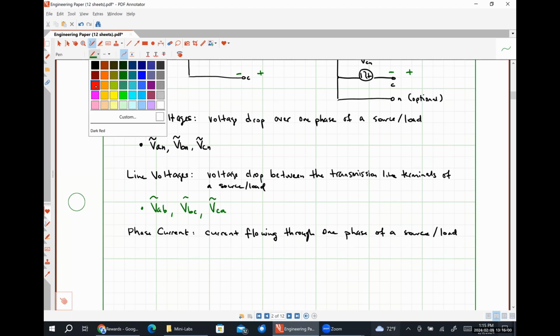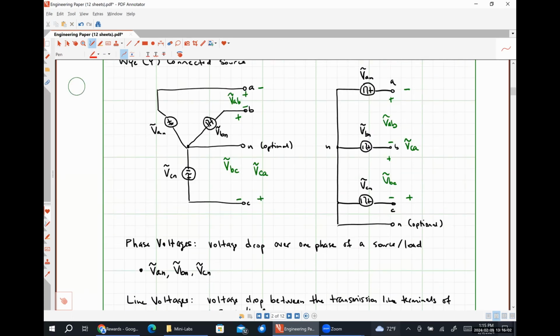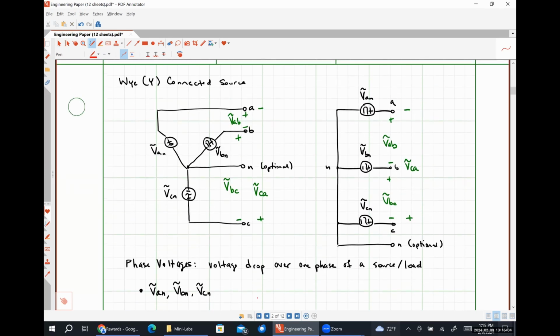For my phase currents, I'm going to represent them on the graph in red. And I'm going to do something that's a little odd here. I'm going to choose to have all of my currents flowing in such a direction that my source is absorbing power. The reason I'm doing that is just so that I'll be consistent for everything.